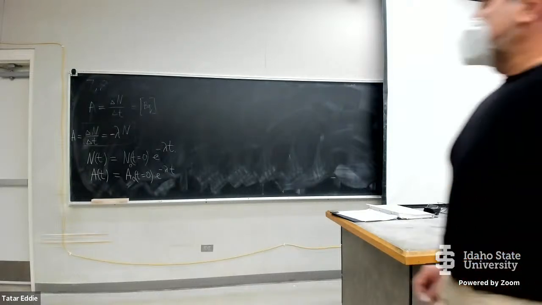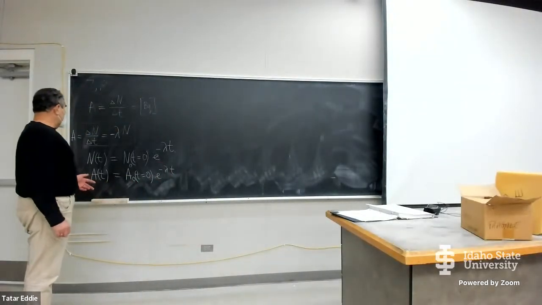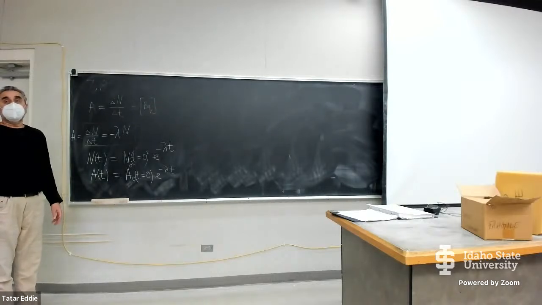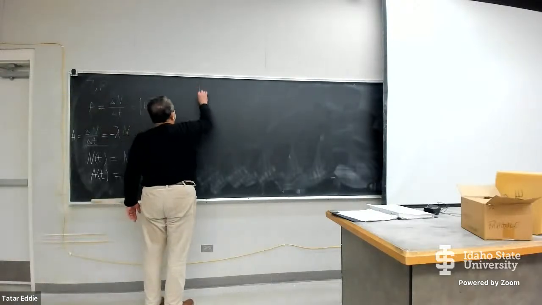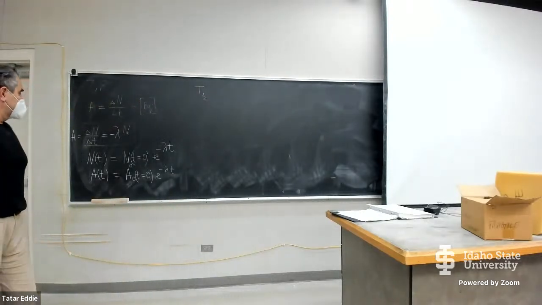Half-life time is defined as the time interval in which the activity of your material drops by a factor of 2. So one notation for half-life time is T1/2.